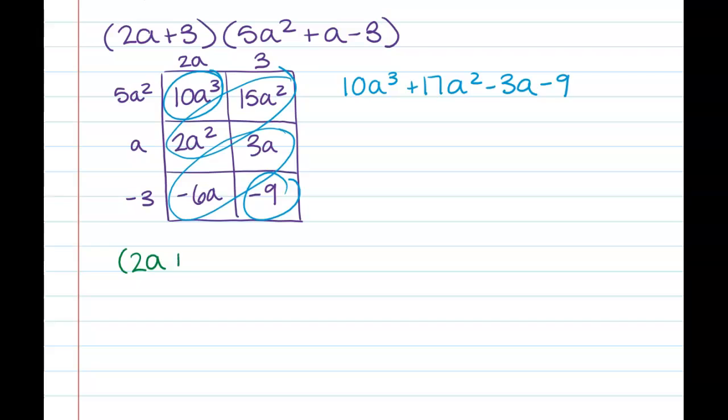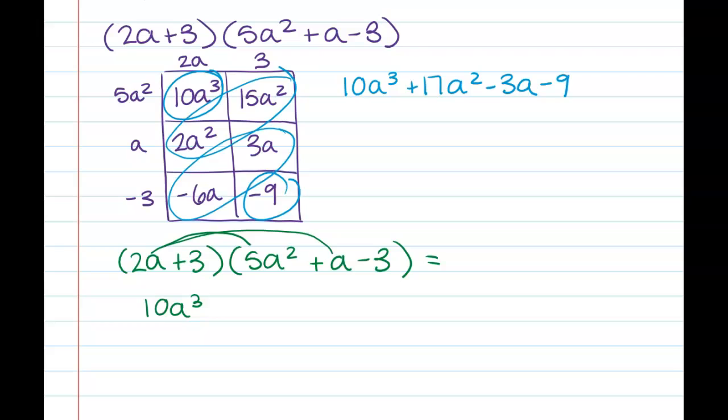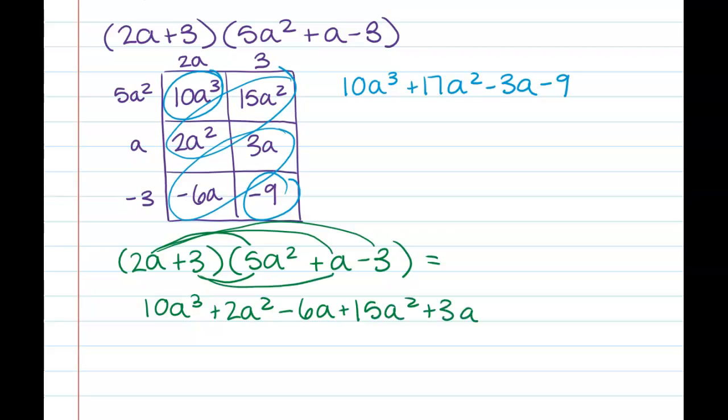So you could do 2a plus 3, 5a squared plus a minus 3. And now we'll do 2a times 5a squared, which is 10a cubed, 2a times a, so plus 2a squared. 2a times negative 3, which is negative 6a, plus 3 times 5a squared, which is 15a squared, plus 3 times a, which is 3a, plus 3 times negative 3, which is negative 9, and if you simplify, we have 10a cubed. 2a squared plus 15a squared is 17a squared.